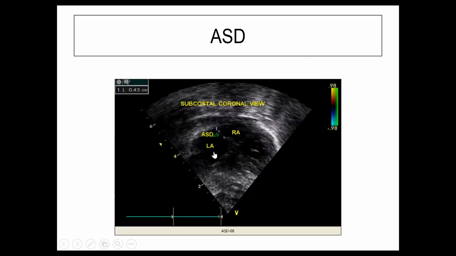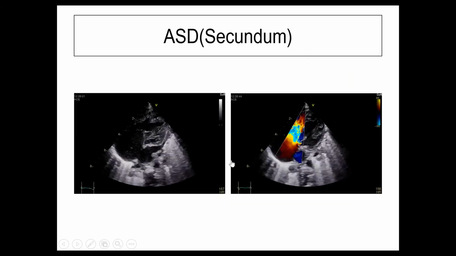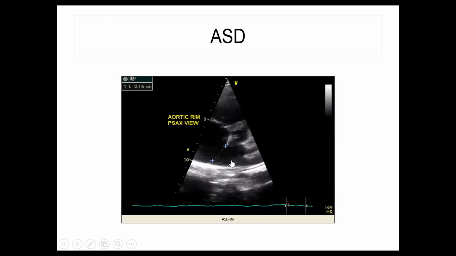And when we go to parasternal short axis view at aorta, we see this is the subaortic rim over here. This is RA free wall rim and this is the subaortic rim. But this is more classically seen in transesophageal echo rather than in transthoracic echo as of today.